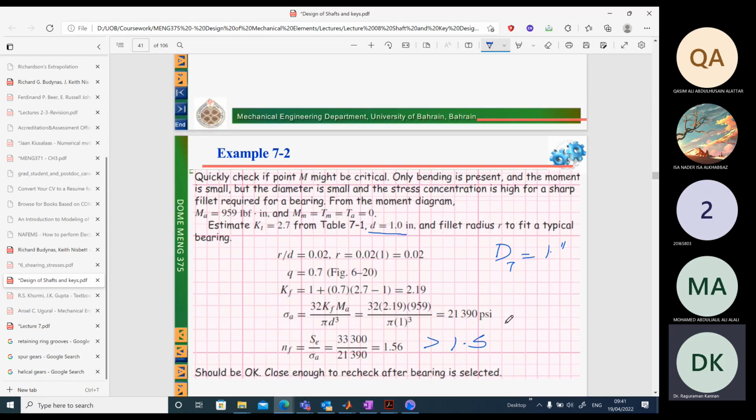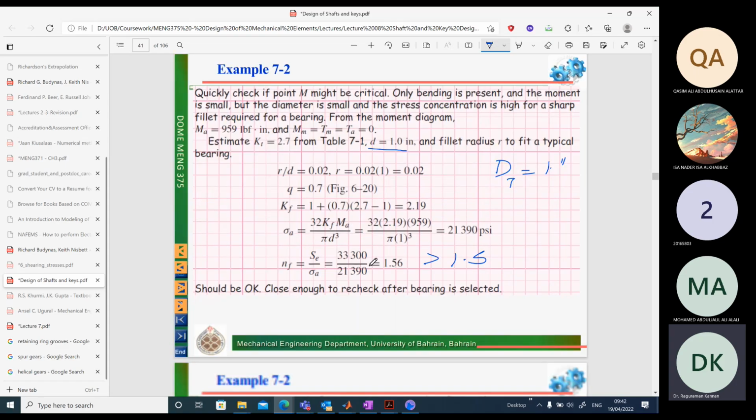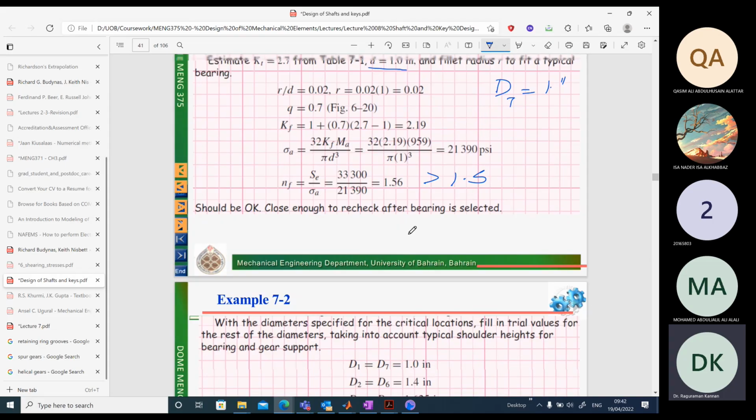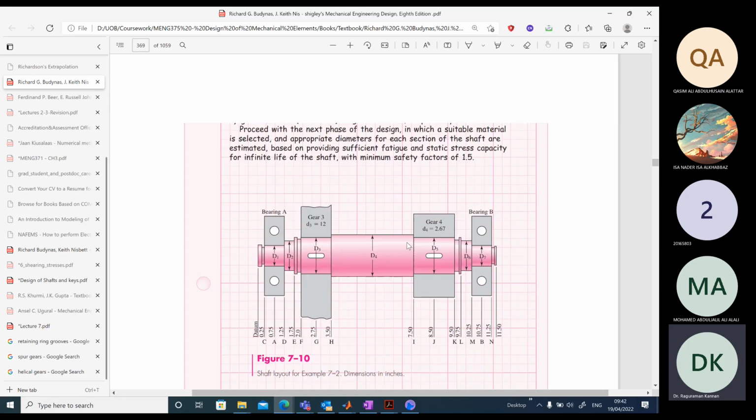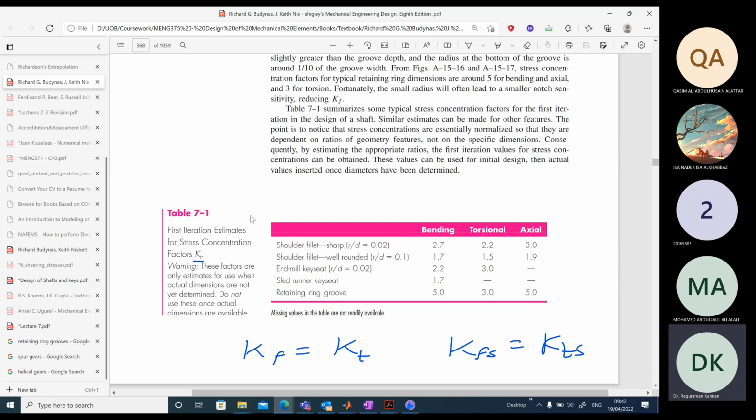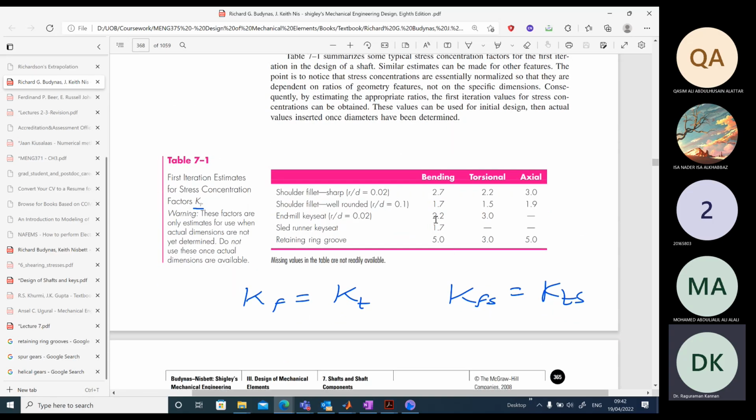Okay, so based upon the smallest value, D7 is taken to be 1.5 inches, and then he has evaluated that. From table 7.1, he has assumed KT equal to 2.7. Okay. So this is the table.